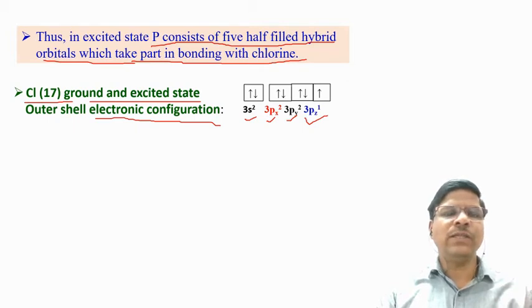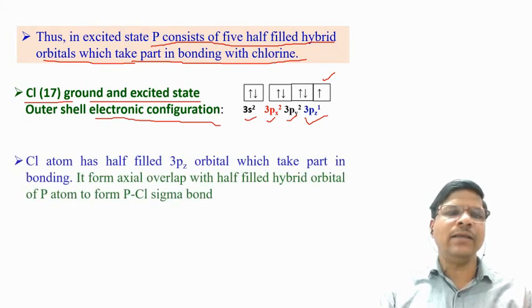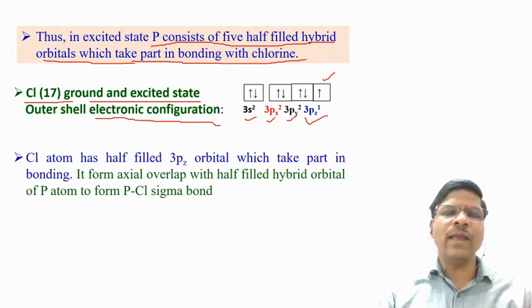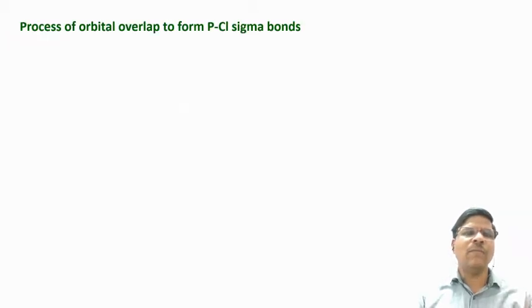So in the chlorine atom, we have a 3pz atomic orbital which is half-filled, and this half-filled atomic orbital from the chlorine will take part in the bonding. Okay, so you are familiar with the valence bond theory that half-filled orbitals from the atoms can overlap with each other to form a sigma bond.